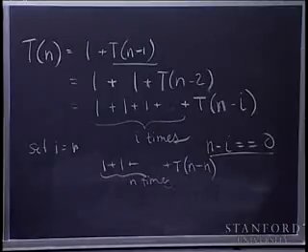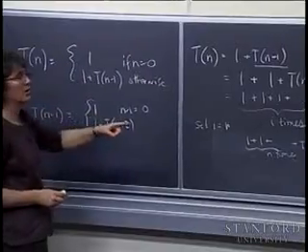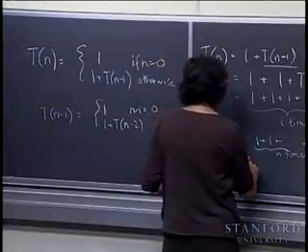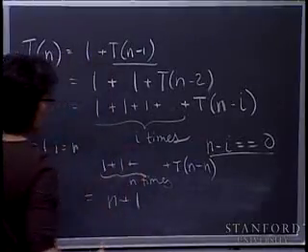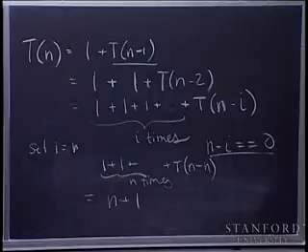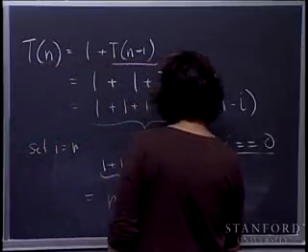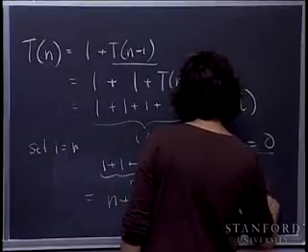T sub 0 immediately plugs into that base case and says, well, there's just one more thing to do when you get to that. And so what I basically have here is n plus 1. So n multiplications plus one little tack-on for the base case, which in terms of big O is just linear.